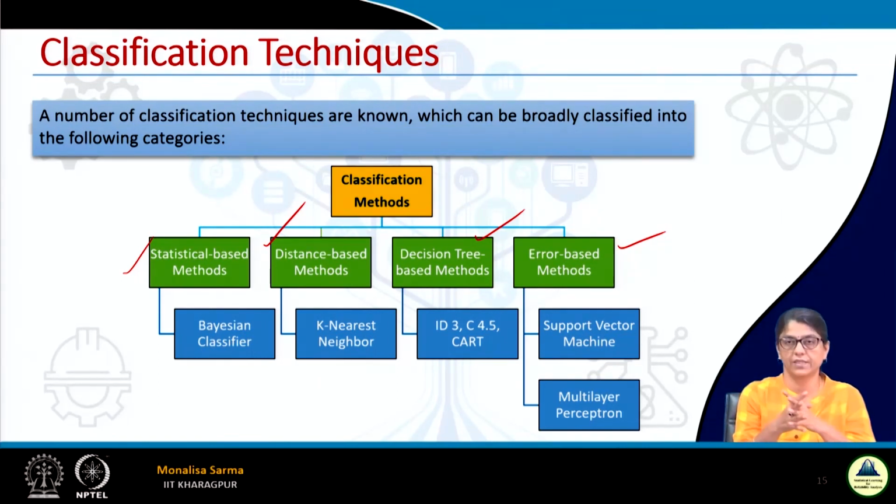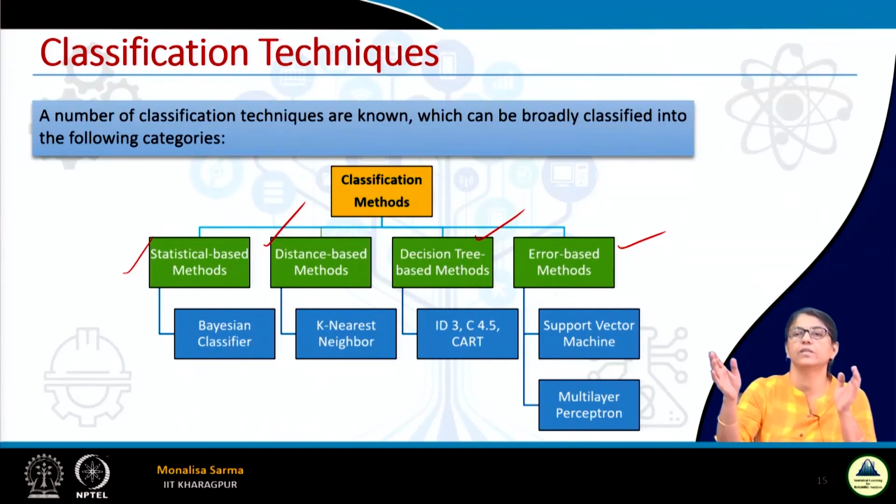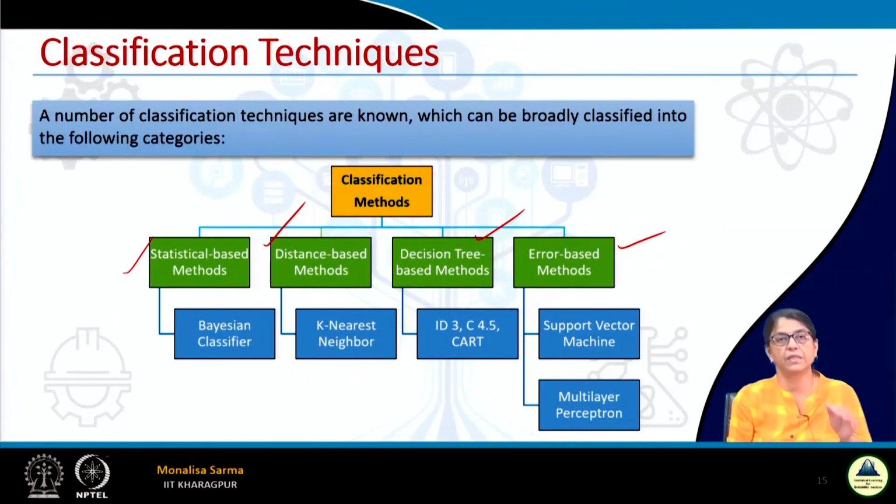But in statistical based methods, such a deterministic rule doesn't apply. We cannot say if this is that, then it will belong to this class. So, in statistical based method, we try to find out the relevancy of what we have to predict and what we already know. From what we know, we try to predict based on that relevancy.